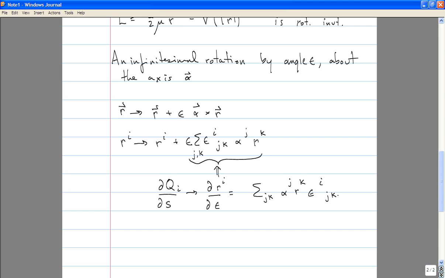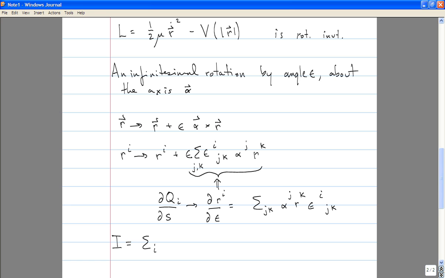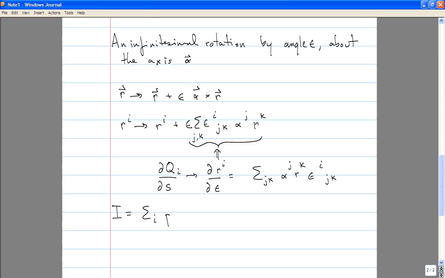Again, where I sum j and k from 1 up to 3. So if I plug in for the definition of the Noether charge, I just take this and I sum over i, pi times this guy that I have written here.